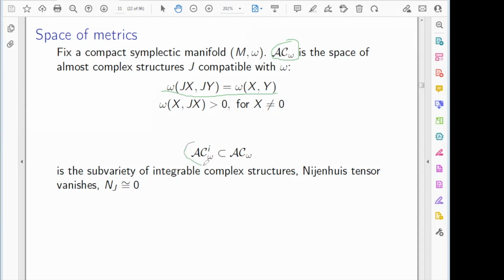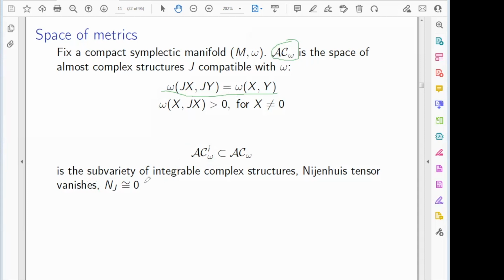And then you have the subset, which I use the superscript I for, of integrable almost complex structures. In other words, the Nijenhuis tensor vanishes. So this is the space of Kähler metrics compatible with the symplectic form.